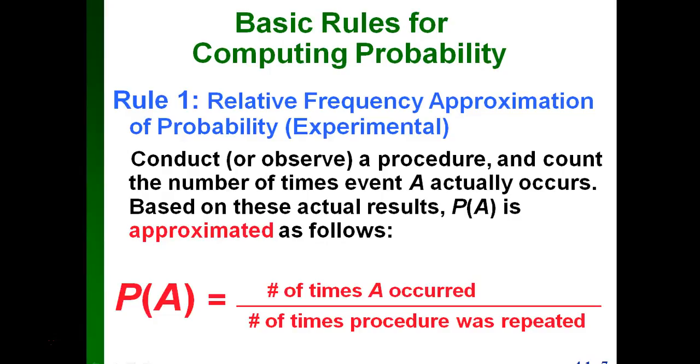We can look at the probability of something happening as we do it, so that we'll complete an experiment and we'll look at how many times that event A happened out of all the times that we repeated the procedure. So for example, we can flip a coin 10 times, and that would be my denominator because I flipped the coin 10 times. And then we can say, well, out of those 10 times, how many times did the coin land on a heads?